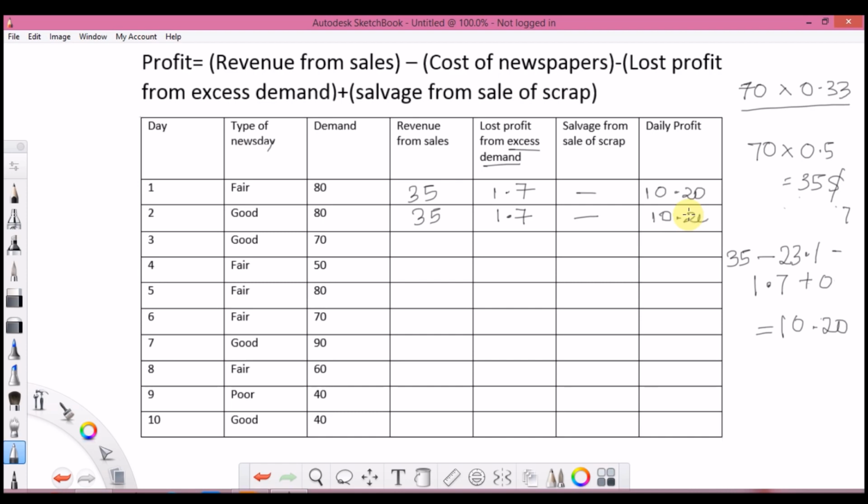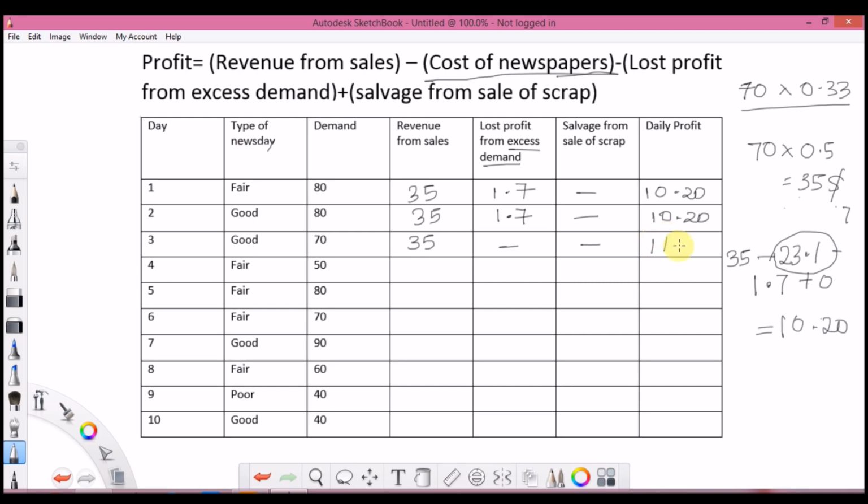Then the next day, demand was 70, so I sold everything and revenue from sales would be 35. There was no excess demand, so lost profit is nil. Salvage from scrap is nil. One thing to remember is that the cost of newspaper remains the same, so this 23.1 stays the same in the entire formula, only these values change.